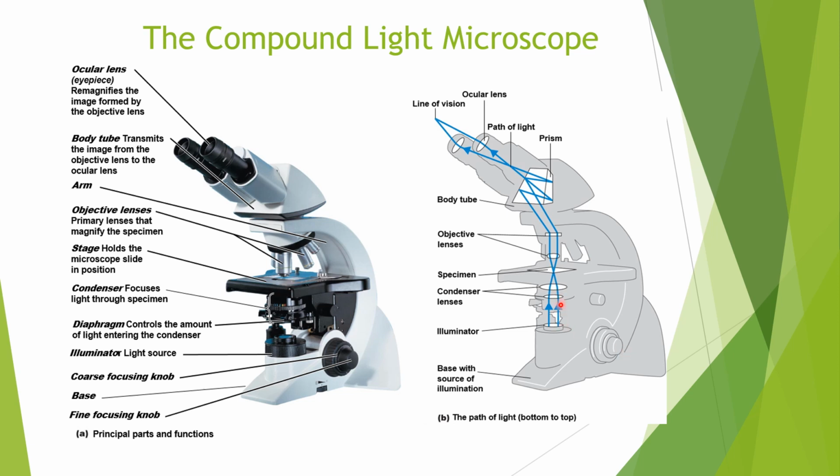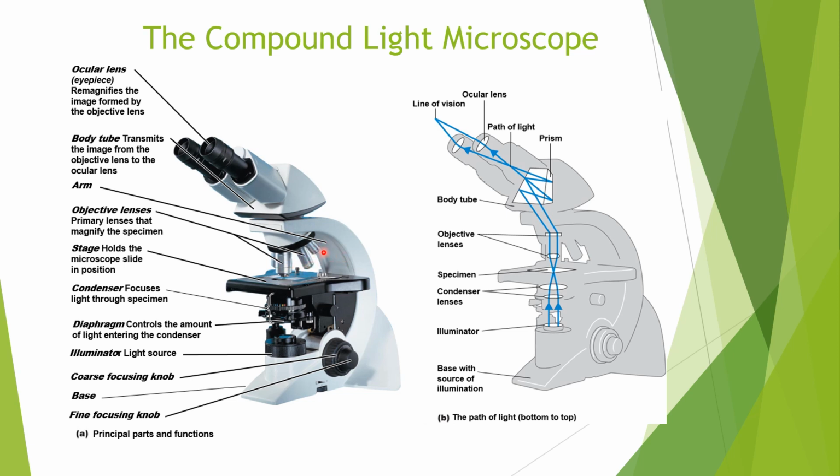As you can see right here, the light is going to come out from the illuminator. You can control how much light and focus it on your specimen, and it's going to hit your specimen. It's then going to hit the objective lenses. We have a bunch of these objective lenses, and each objective lens can magnify your specimen differently.